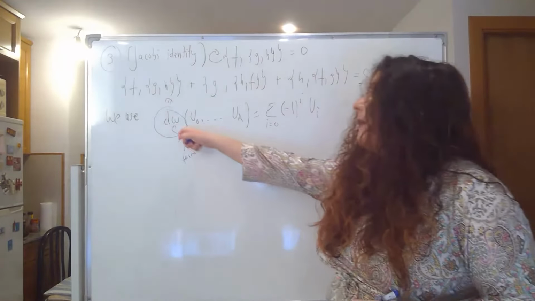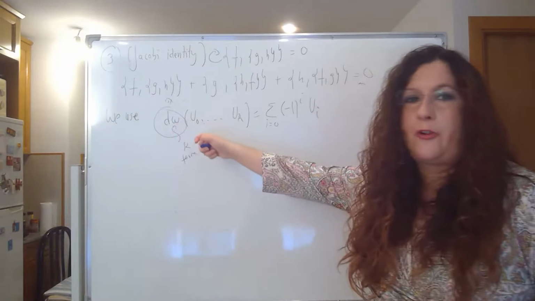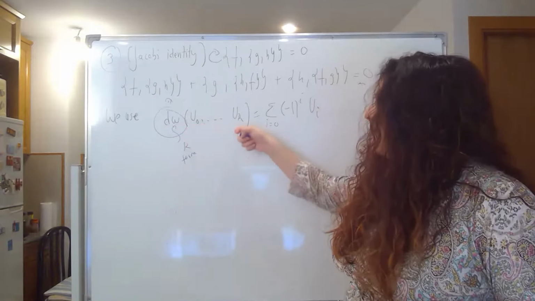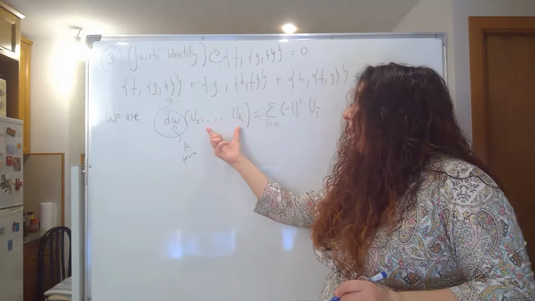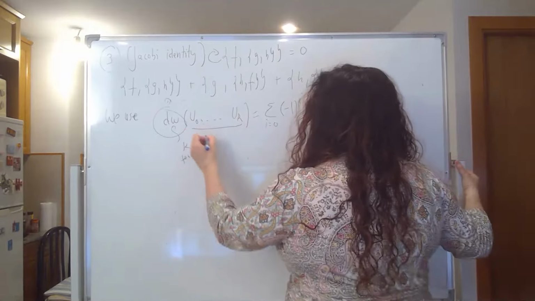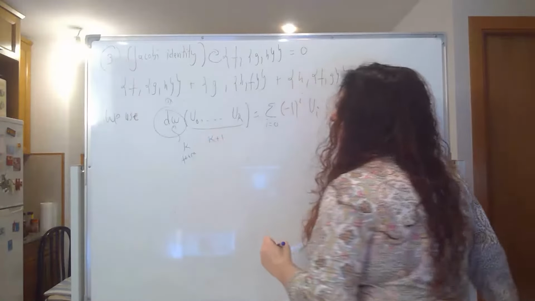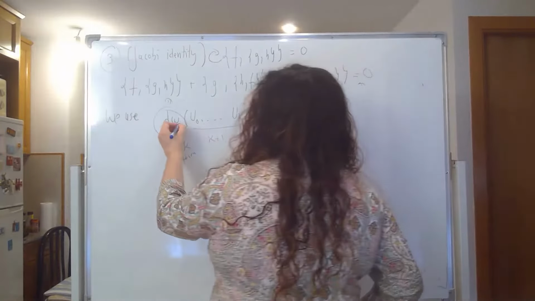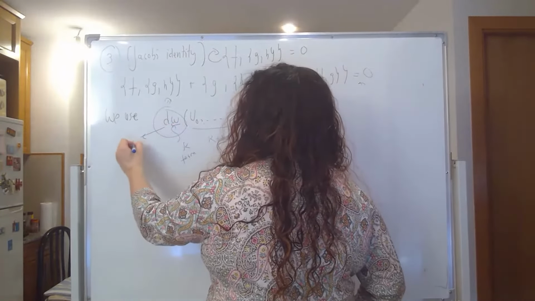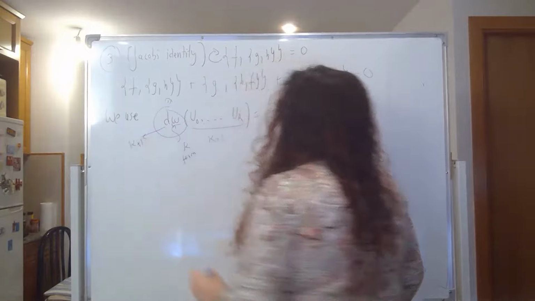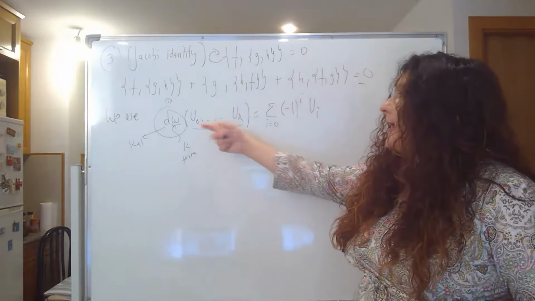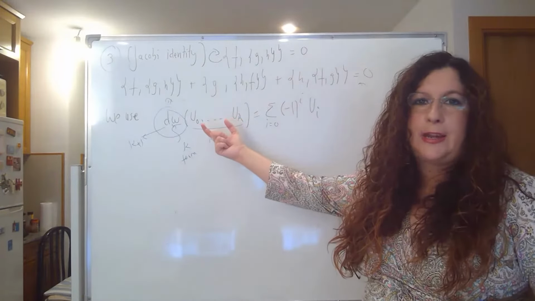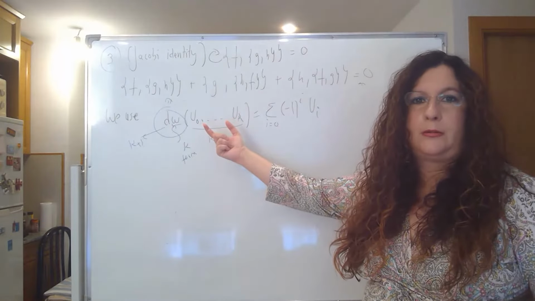This formula tells you what the differential of omega is in terms of omega applied to all the vector fields, because here I have k plus 1, and we apply the definition of a k plus 1 form by taking subsets of k elements and applying omega.